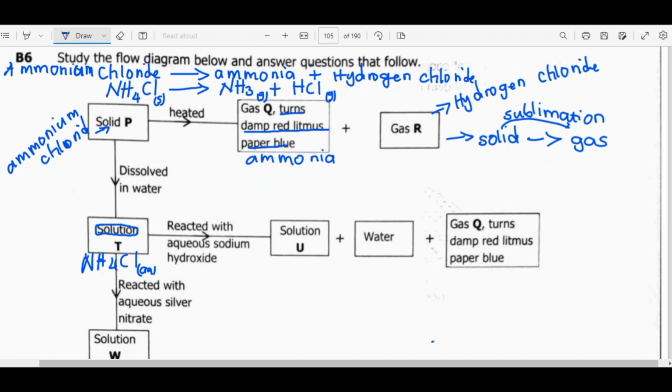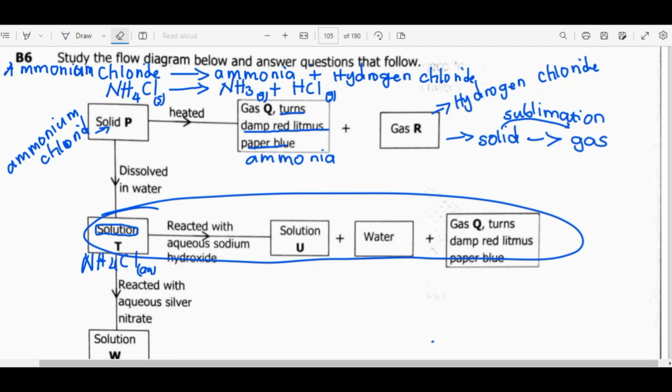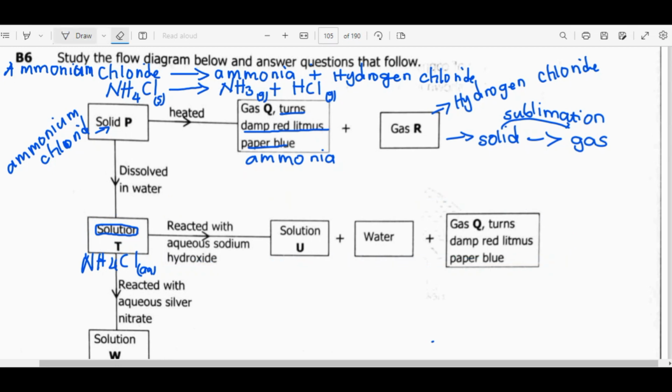Now we need to look at this point here. We know that gas Q turns damp red litmus paper blue, and we know that this must be ammonia, since we have identified that before, right?